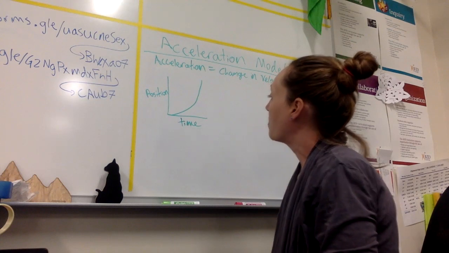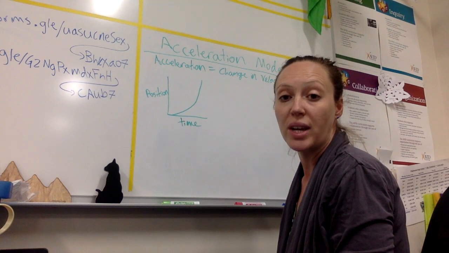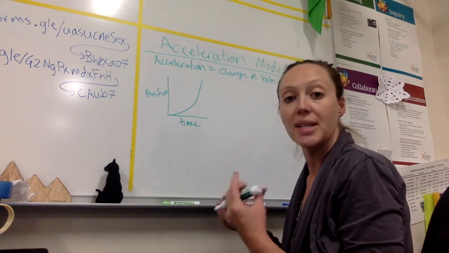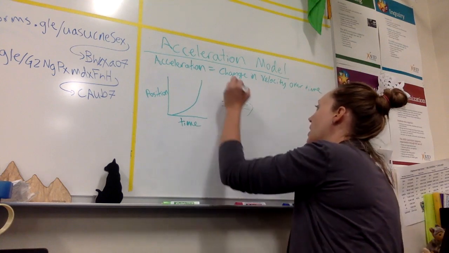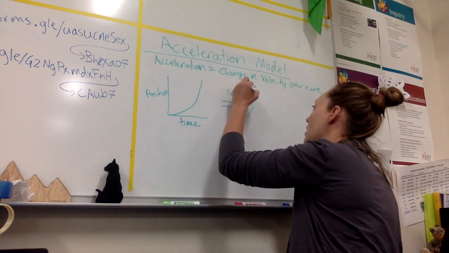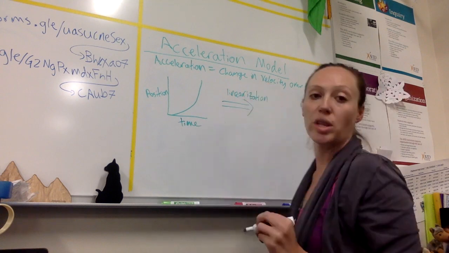So our position versus time graph was curved, so we had to do this little trick called linearization. Linearization is actually huge on the AP test.